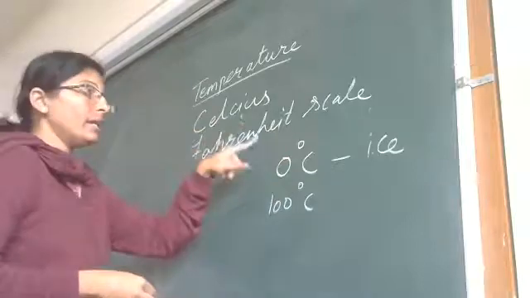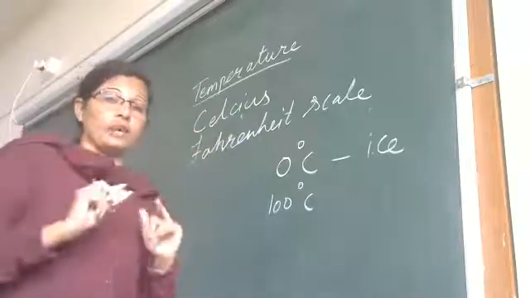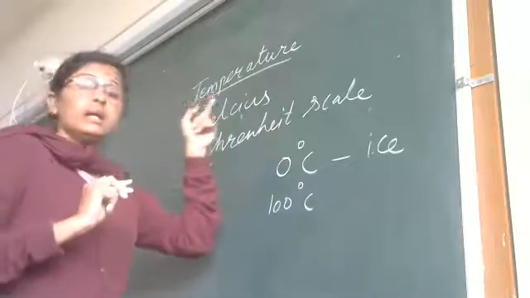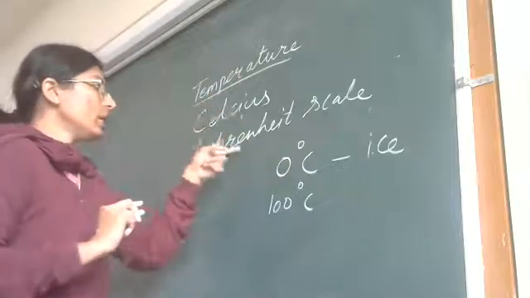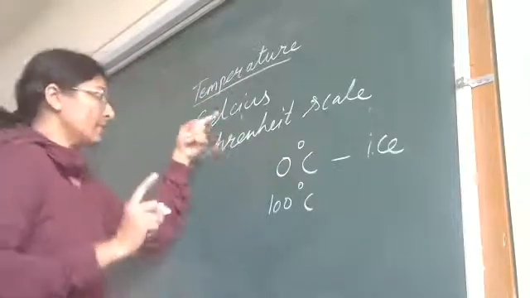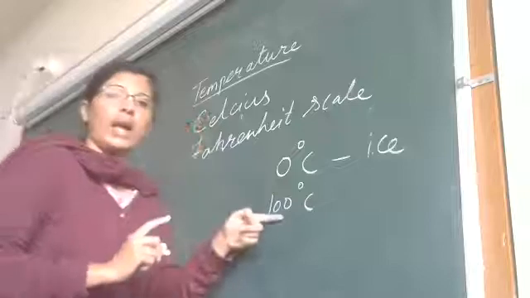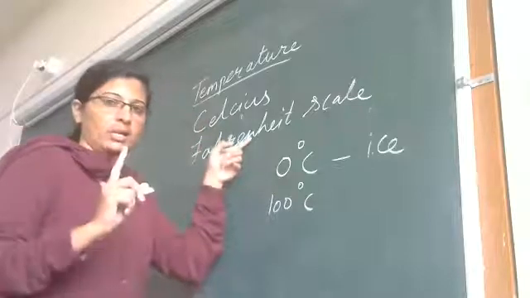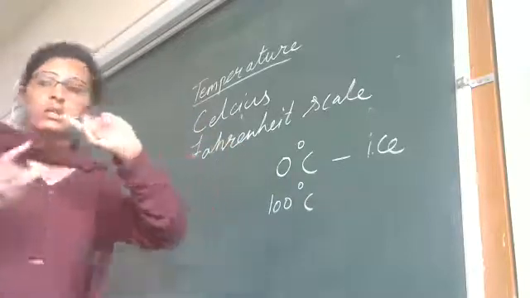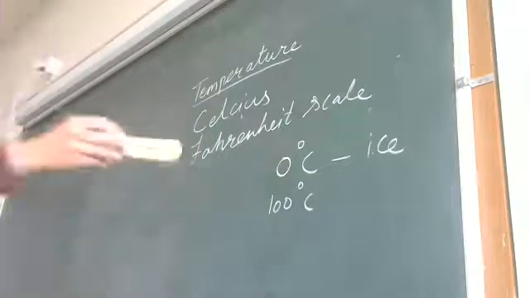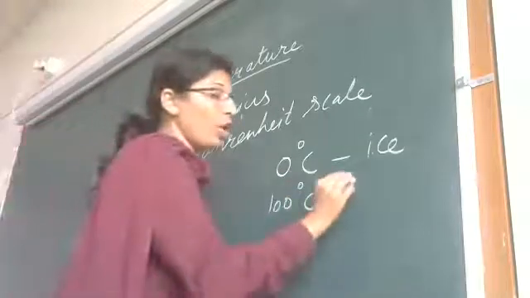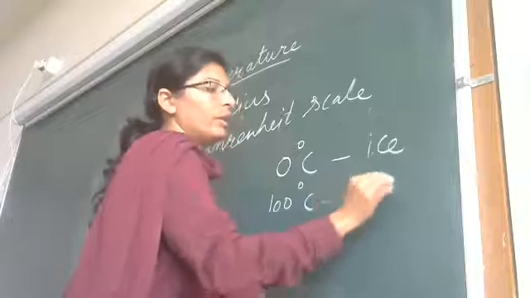Like that, we are having Fahrenheit scale also. Both are different. So the temperature is measured in two different scales. One is Celsius scale and one is Fahrenheit scale. Okay, two types are there. Now see, 100 degrees Celsius is for which? It is the boiling of water.